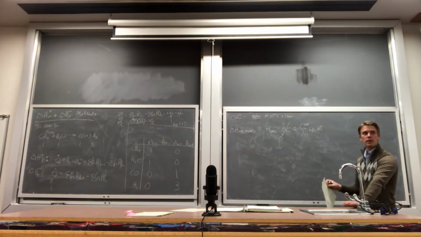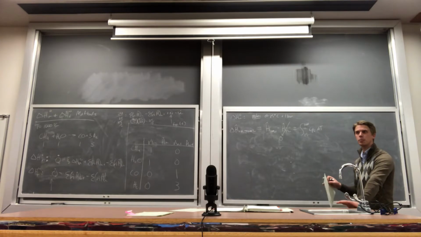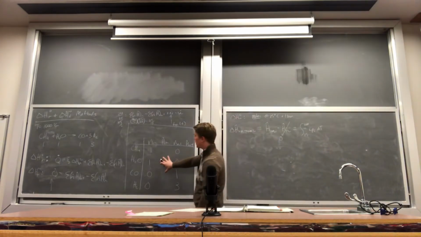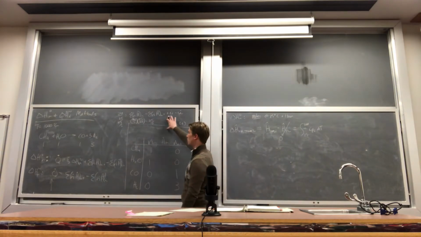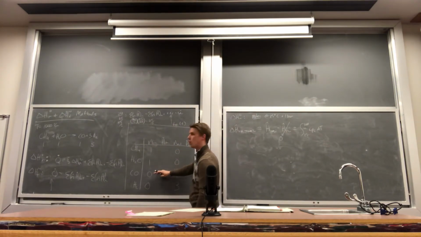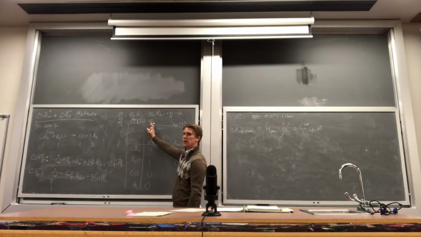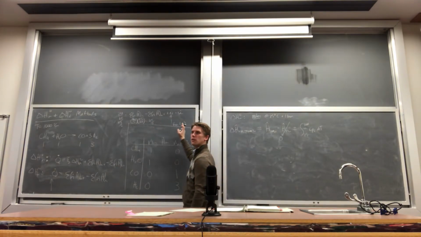So if you were to build this table in an Excel spreadsheet, and I do not recommend that anyone does these calculations by hand, build them in a spreadsheet. What I would do is have a second table just above this one in exactly the same order: material properties for methane, material properties for water, material properties for CO, and material properties for hydrogen. You would need to input heat of formation and the A, B, C, D coefficients for heat capacities.